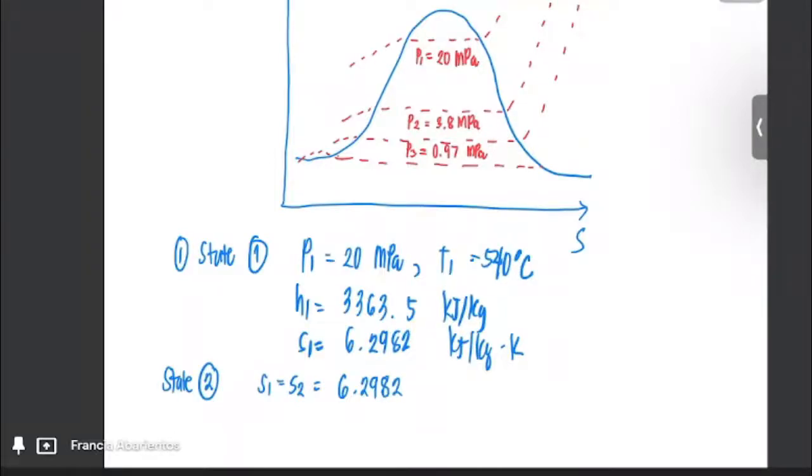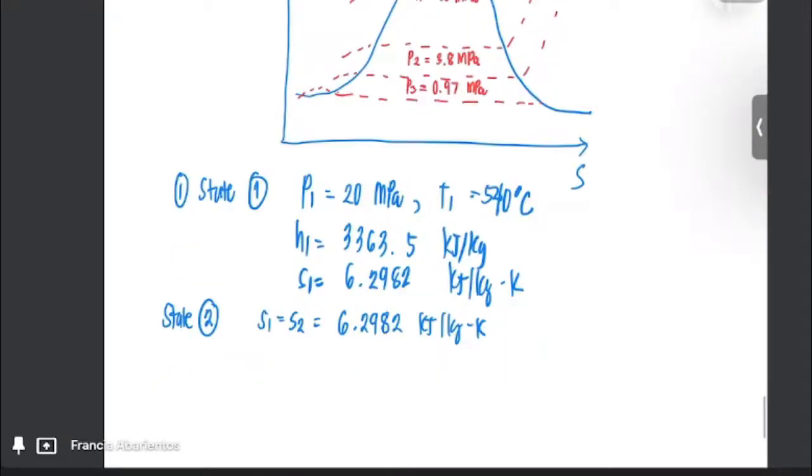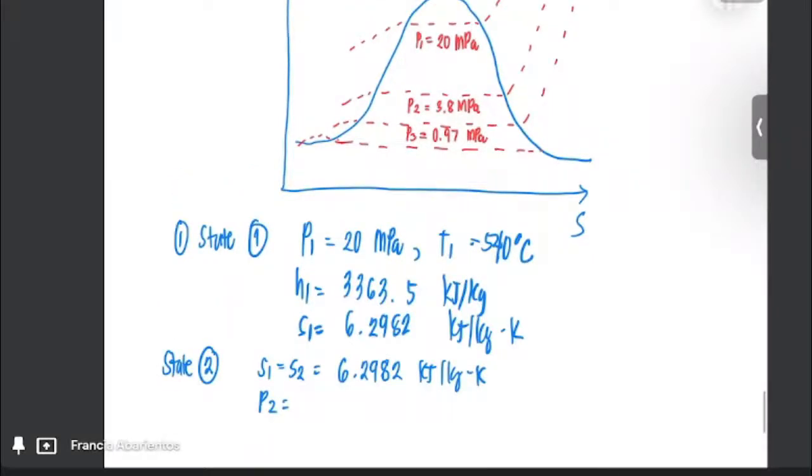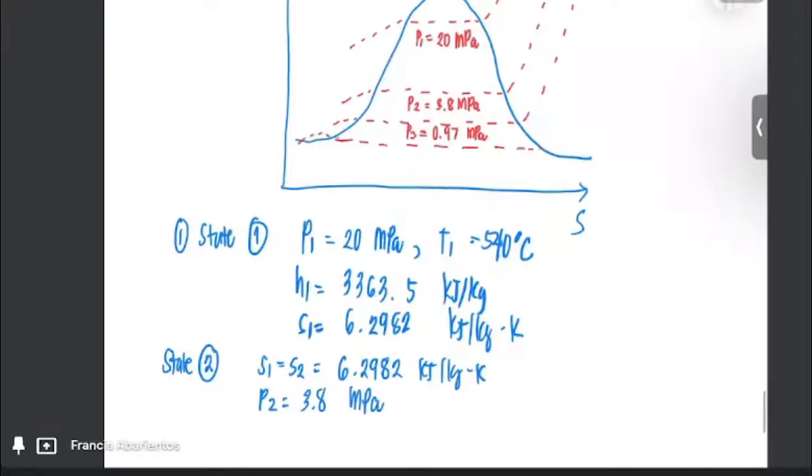At point 2, we have 3.8 megapascal. So, tingnan nyo sa 3.8 megapascal, page 12.